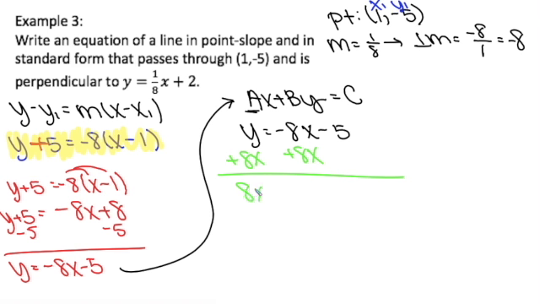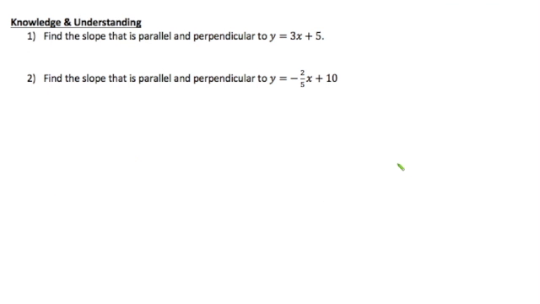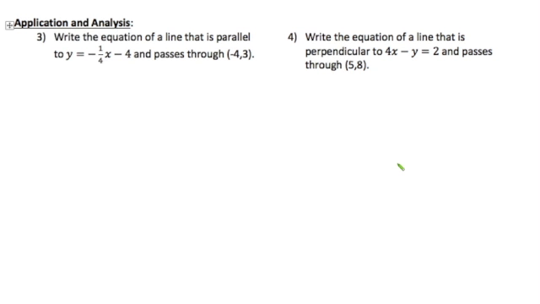So I'm left with 8x plus y, sorry, is equal to negative 5. A is a whole number, I'm happy, and it's positive. So then there is my standard form.